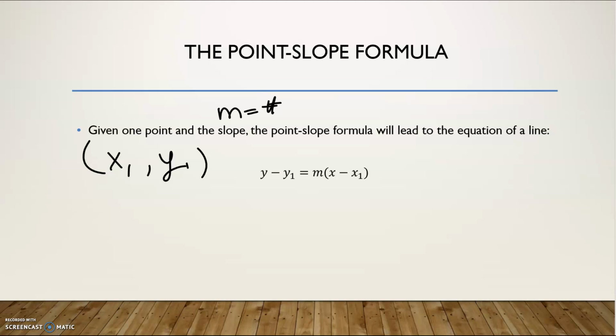Then if you're trying to find the equation of a line and you are already given those 2 items, the point and the slope, then use this formula right here: y minus y1 equals m times (x minus x1). You plug and chug into that formula and simplify it down to y equals something, and then you'll have an equation of a line.